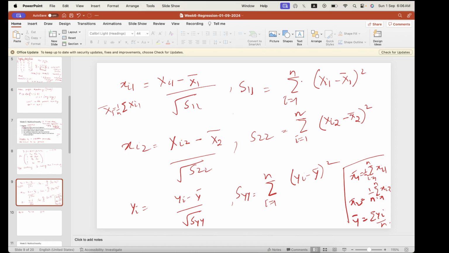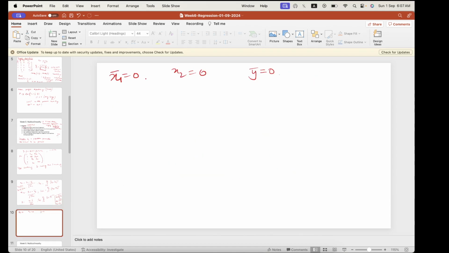Okay, and capital X1 bar is 1 by n summation capital Xi1, and capital X2 bar is similarly 1 by n summation Xi2.